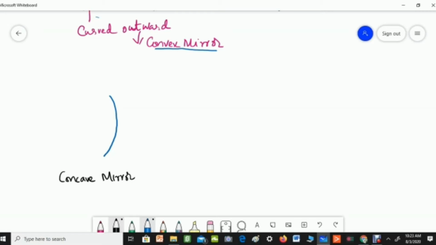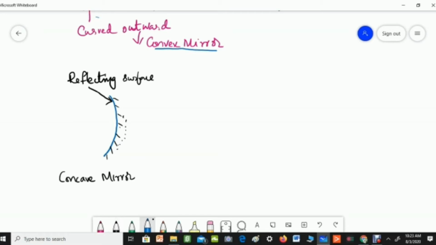This is the reflecting surface. I'm going to shade the backside portion. The shaded portion, this backside, is the non-reflecting surface.